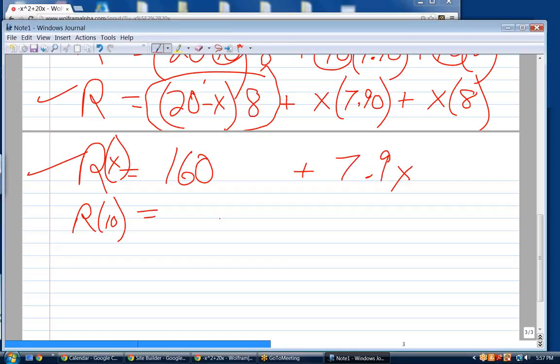So when X is 10, I make $79 plus $160, I make $239. So when we just had 20 members and we were getting $8 per member, we were making $160. So this number makes sense.